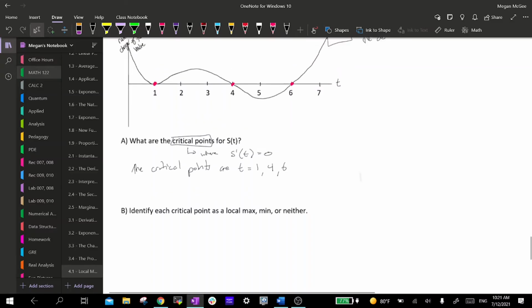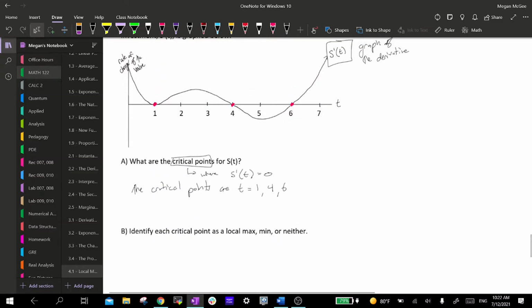All right. So we know that when the first derivative changes sign, positive to negative or the other way around, we have a local max or min. Remember, we are looking at the graph of the derivative, not the graph of the original function. Okay?